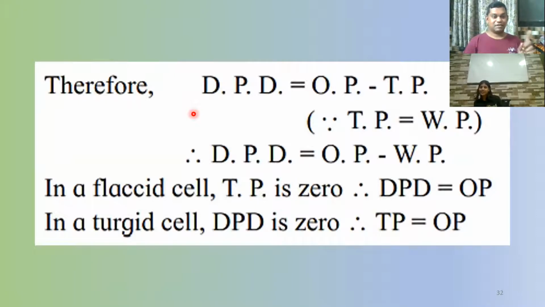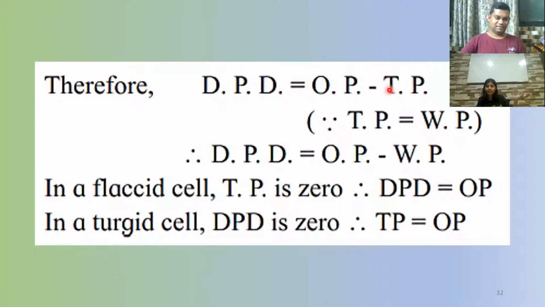The difference between the diffusion pressure of pure water and the diffusion pressure of a given sample of water is known as DPD. The formula: DPD is equal to osmotic pressure minus turgor pressure.